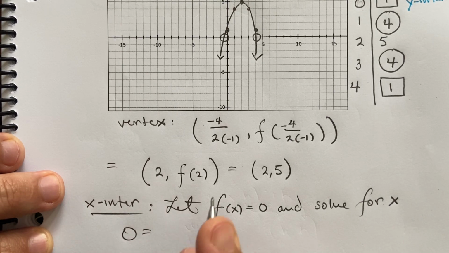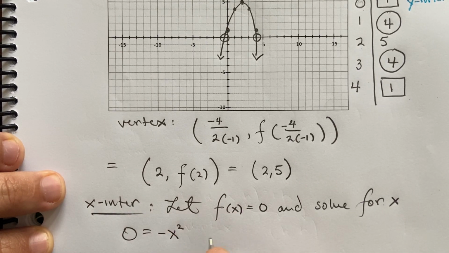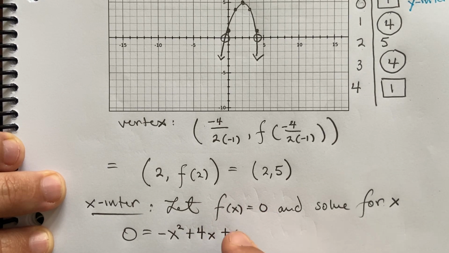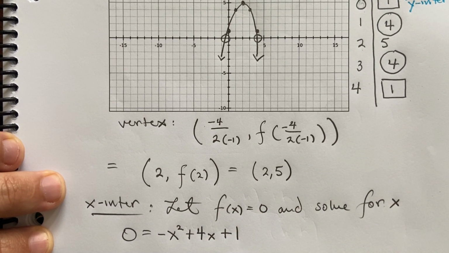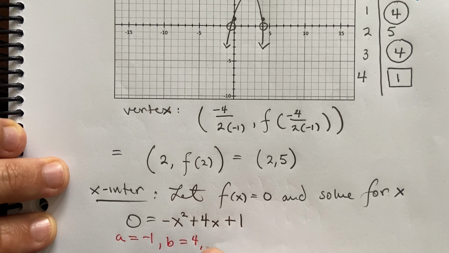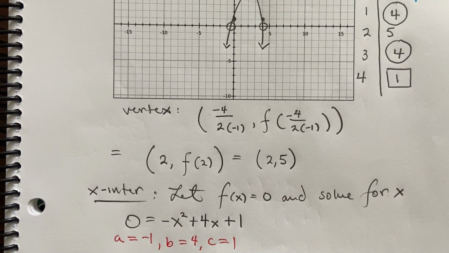So I'll have 0 equals negative x squared plus 4x plus 1. So I can use a is negative 1, b is 4, and c is 1. I can use the quadratic formula, in other words.